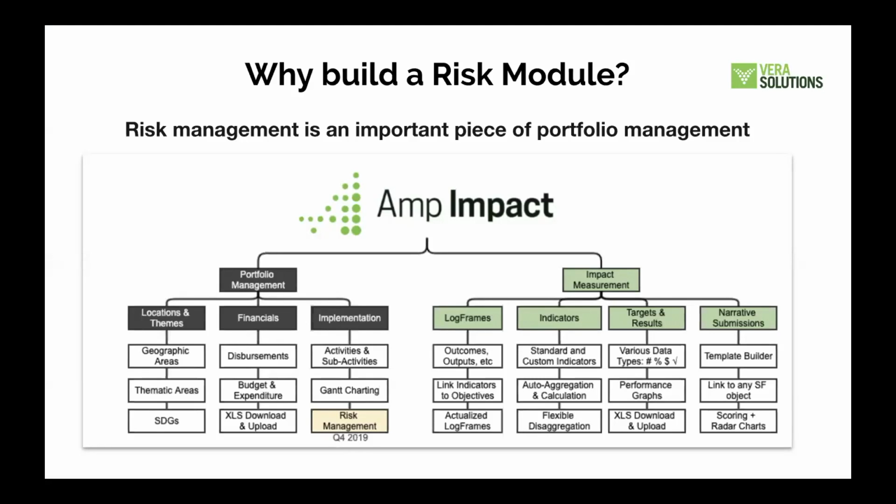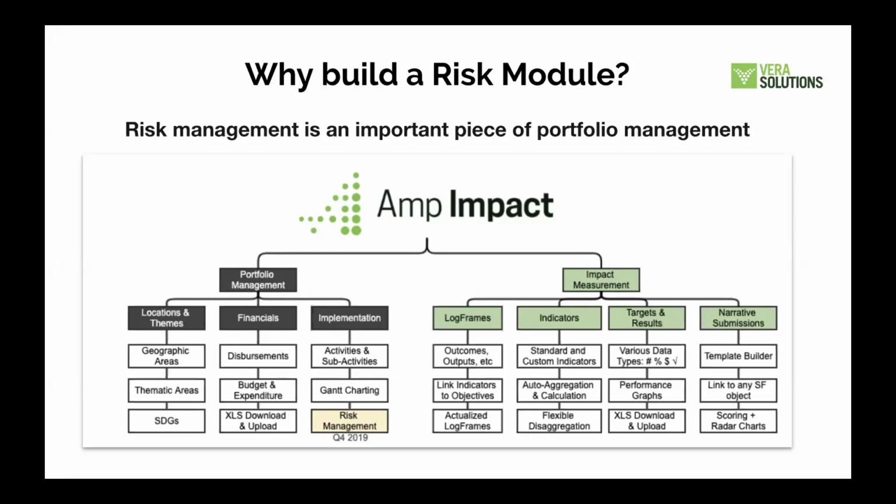So for us, that explains why we're interested in building a risk module. I shared a bit of the background of AMP Impact before, right? We built AMP Impact because we kept seeing these common patterns across funders, big INGOs, and impact investors in terms of the way it made sense to structure their data, and also found that Salesforce as a platform was really well suited to solving their problems and use cases.